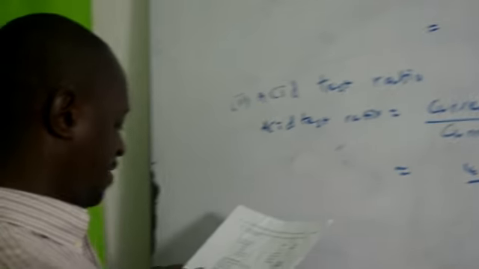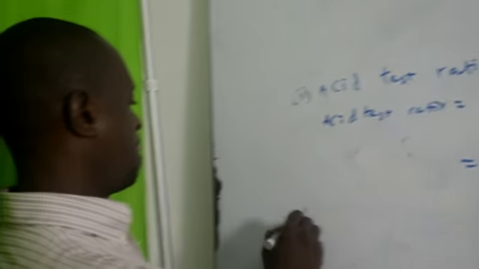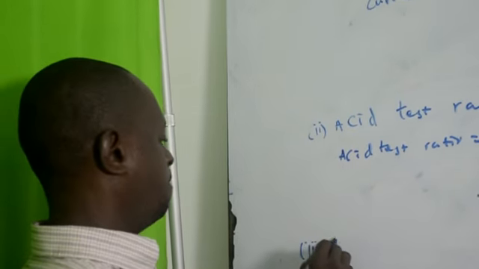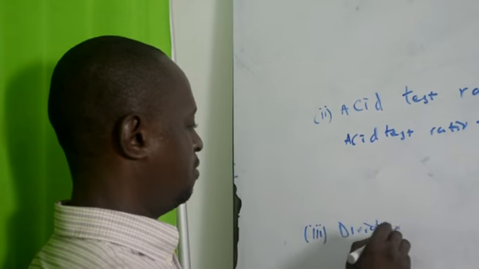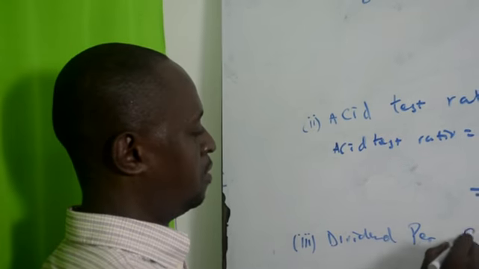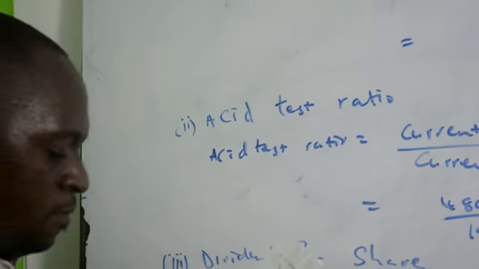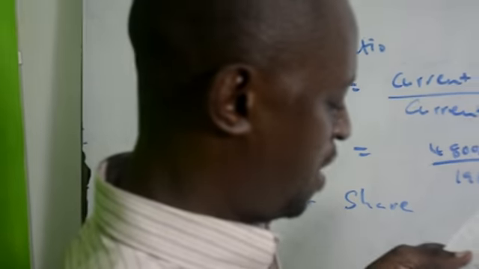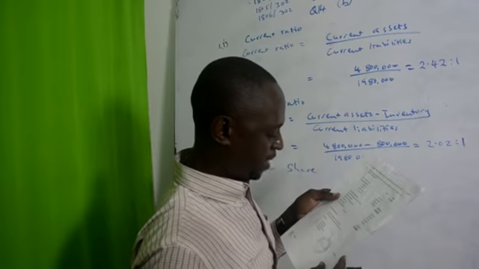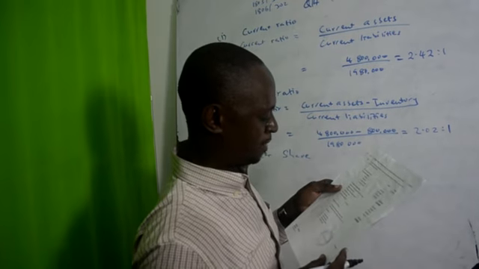Next, we have dividend per share. We are told in additional information number 1 that ordinary dividends were paid at 10%.